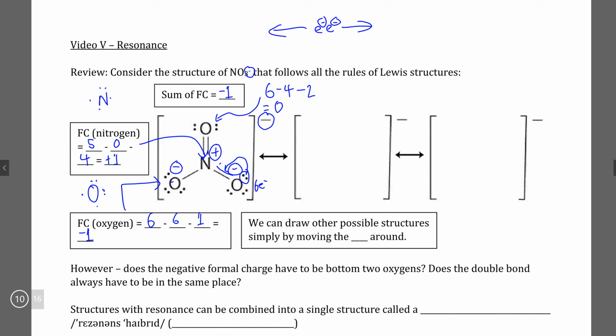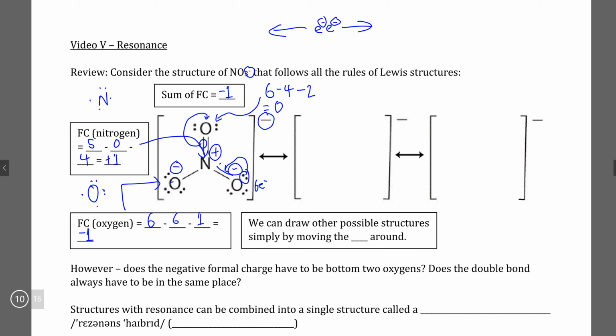Now, the problem here is that nitrogen, because nitrogen is smaller than elements that can make expanded valence shells, cannot make 5 bonds. So how do we fix the problem that nitrogen has 5 bonds? Well, if we can take a lone pair and bring it down here and make a bond, is the opposite also possible?